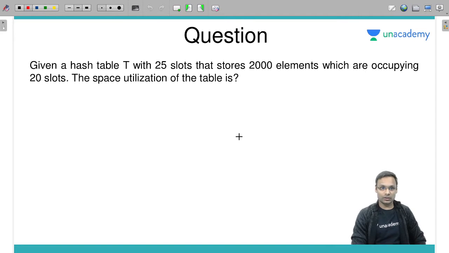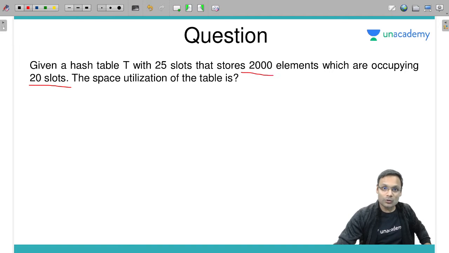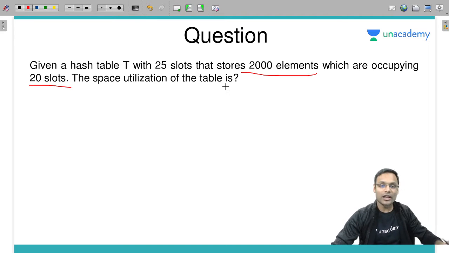Chaliye, another question. Given a hash table T with 25 slots that stores 2000 elements, पुराने वाले क्वेश्चन का ही रिलेशन है, which are occupying 20 slots. 2000 elements are stored only on 20 number of slots among 25. The space utilization of the table is, you know what is the formula of space utilization?